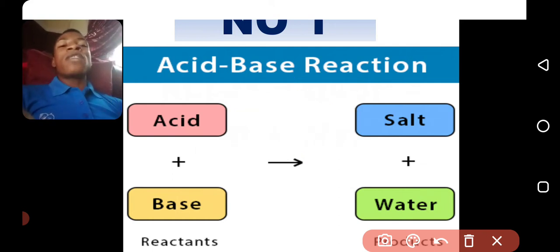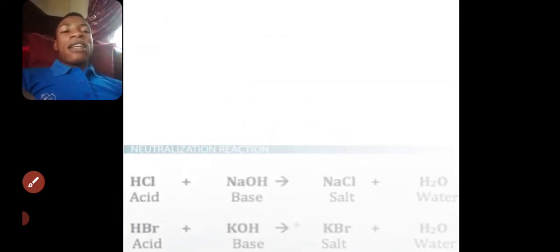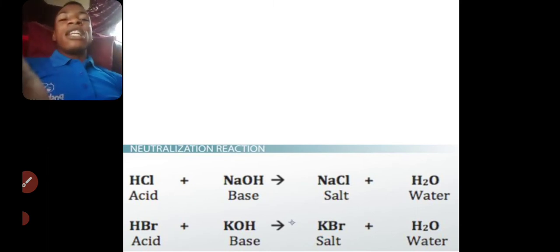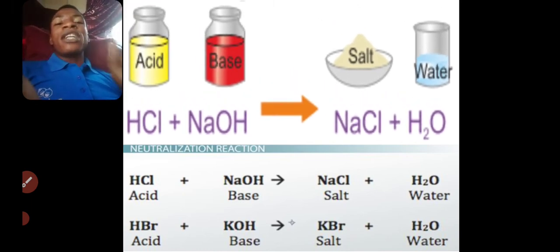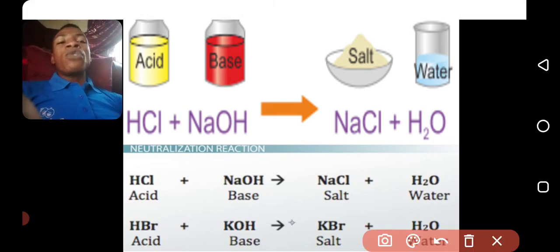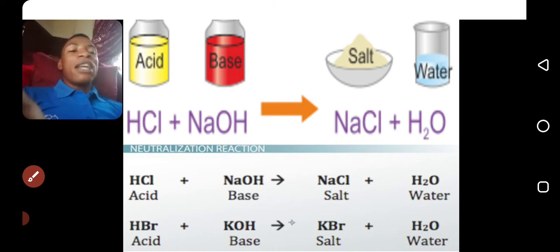So acid reacts with this compound to produce a salt and water. You call this kind of reaction a neutralization reaction. A reaction in which acid reacts with base to produce salt and water is called a neutralization reaction. Don't forget that. It's very, very important.